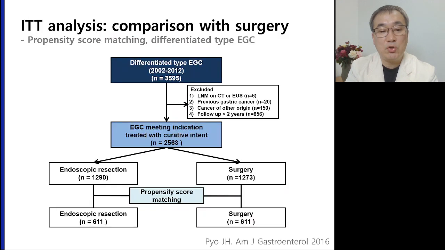At my institution, we performed a propensity score matching analysis between the two groups, endoscopic resection or surgery for differentiated type early gastric cancers.